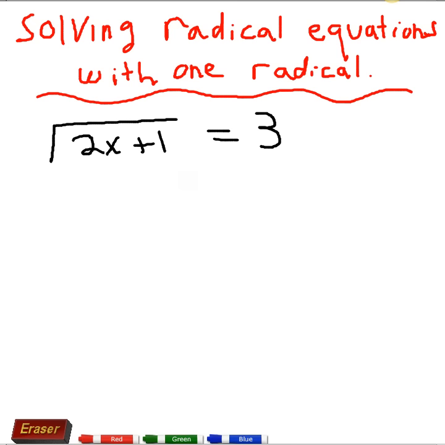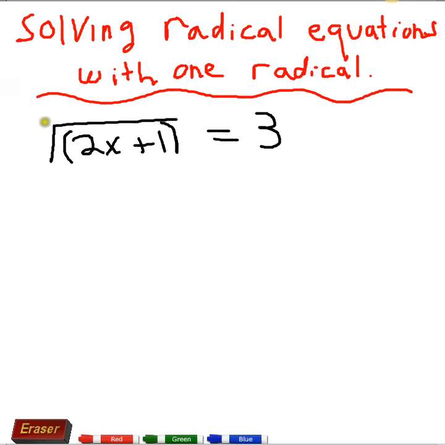So the first step into solving these is to make sure that the square root is completely isolated on one side of the equation. And in this case it is already. So what we're going to do is do something to both sides in order to unlock what we have under this square root, which is this 2x plus 1.